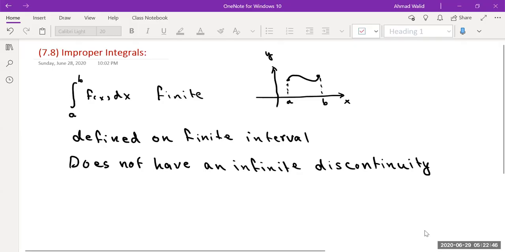Your function is continuous. It doesn't have a discontinuity. Discontinuity means it doesn't have a hole or an irremovable discontinuity, which is a vertical asymptote. Hopefully these terms that I'm using, it doesn't have a hole or an asymptote or irremovable discontinuity.